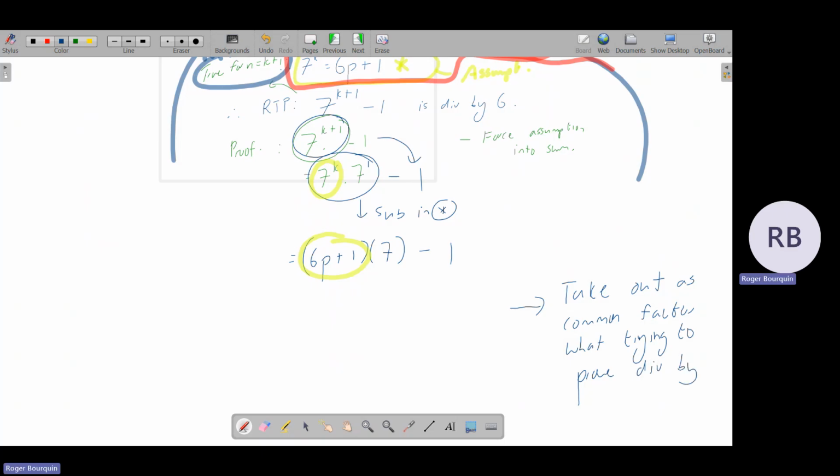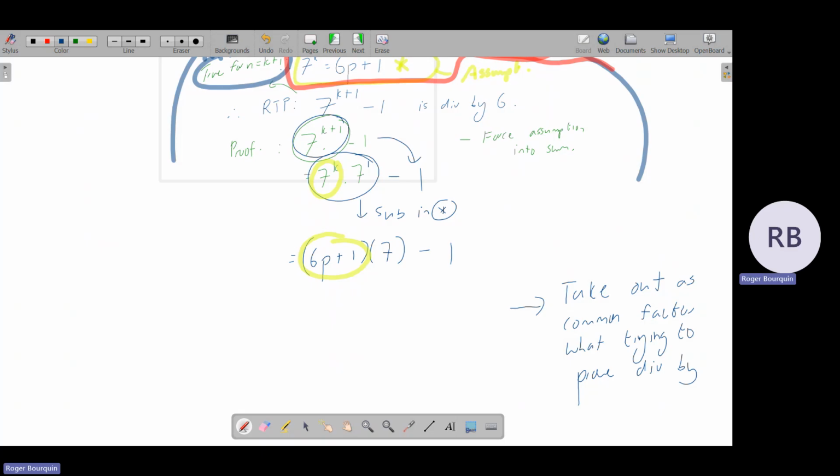Take out as a common factor. What you're trying to prove is, yeah, I'm trying to prove it's divisible by 6, right? To prove it's divisible by 6, what I ultimately have to do, I have to take out 6 as a common factor. If I do that, I'm done. Finish. I can take out 6 as a common factor, it's divisible by 6.